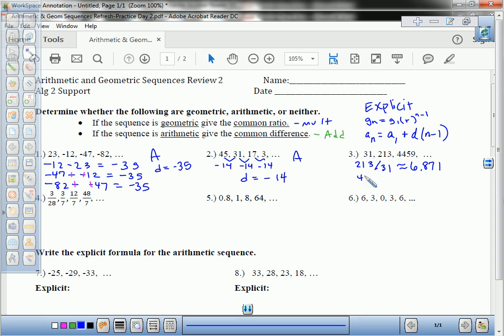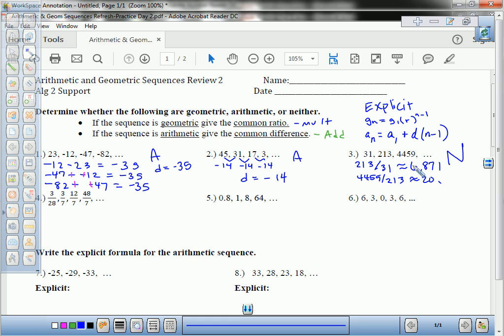Now let's take 4,459 and divide by 213. Something very different. So it means it's neither. I am neither adding by the same amount or multiplying by the same amount.